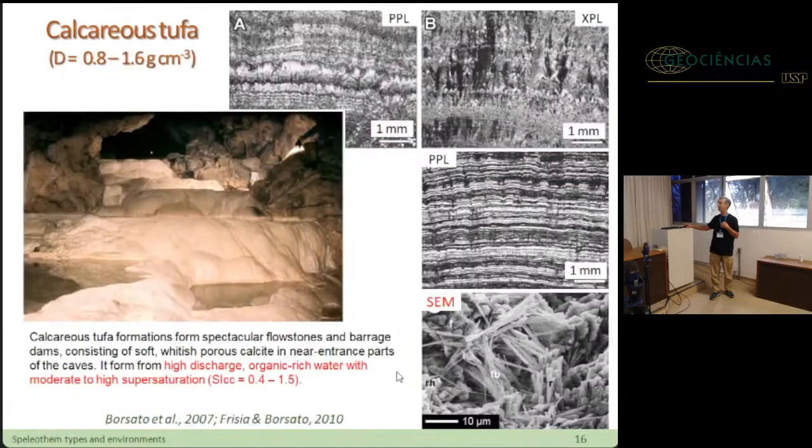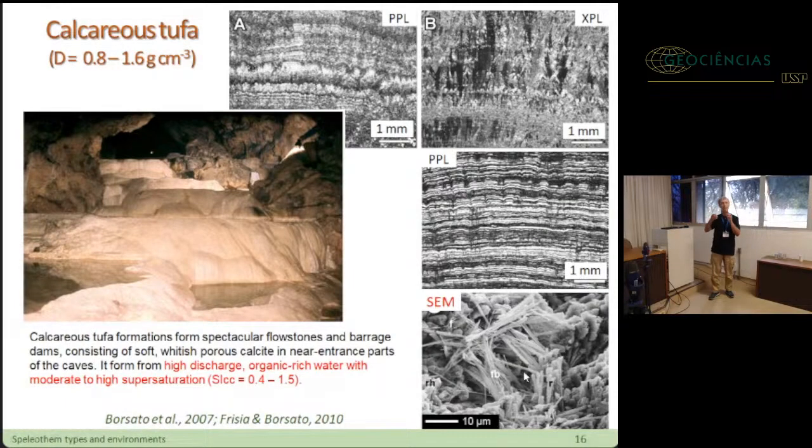Then we have the calcareous tufa, which is typically made of very fine and irregular laminae of clear or clearer calcite and organic-rich calcite. These darker layers are high in organics and high in trace elements and metals. And this is the thin section, and this is the SEM picture.